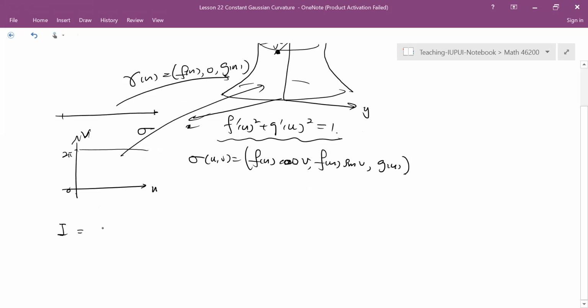I is going to be E du squared plus 2F du dv plus G dv squared, as in the book.